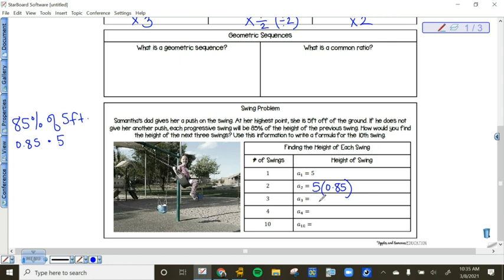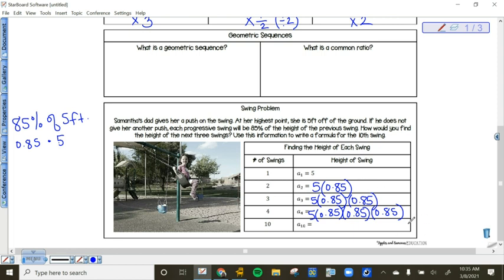And then for the third swing, we take this number, 5 times 0.85, and we want to take 85% of that, which means we multiply by 0.85 again. Same thing here. We take this previous number, so that's 5 times 0.85 times 0.85 times 0.85, and we get how high she'll be after the fourth swing.